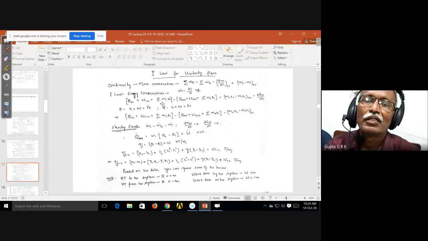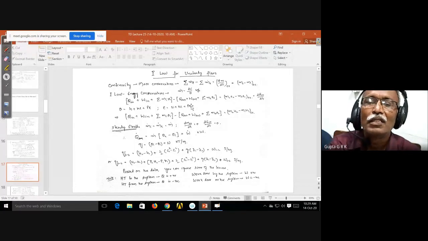Because some energy enters and some leaves, there may be a change in the energy of the system, that is m2 E2 minus m1 E1, final energy minus initial energy. This energy is U plus KE plus PE, and usually these two can be neglected, since within the control volume there will not be any change in kinetic and potential energy. So normally you will write m2 U2 minus m1 U1. Okay, that is the way we have to write.